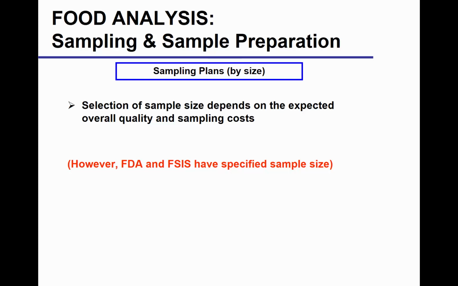So you need to gather 12 samples, and we'll talk about randomly selecting your samples in a minute. And then from these 12 samples, you form a composite, and that's the regulation. You get 12 samples, and then you mix them together, homogenize them together, form a composite sample. And from that composite sample, you take 6 replications, subsamples. That is the requirement by FDA and FSIS.